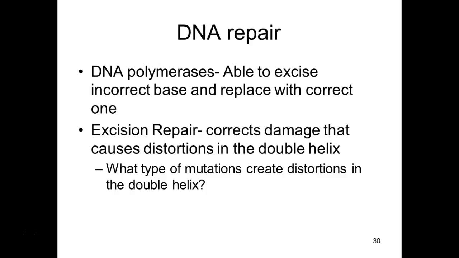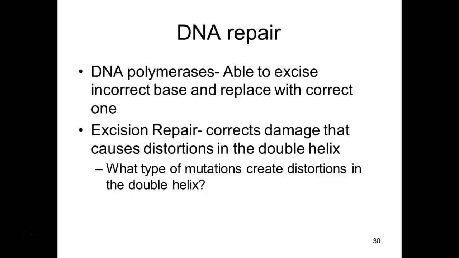The spiral staircase is not beautiful; it's distorted. So what type of mutations, one of them we just talked about, could cause a distortion in the structure of the DNA? Right, the thymine dimers that form that covalent bond with what type of radiation? UV light. So one of the ways we'll fix that is we'll cut out that section and replace it.